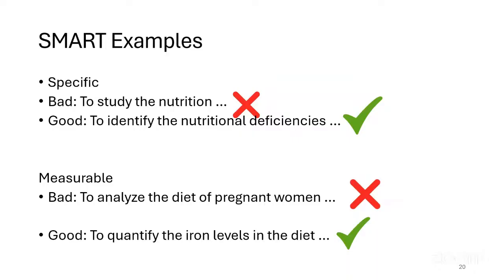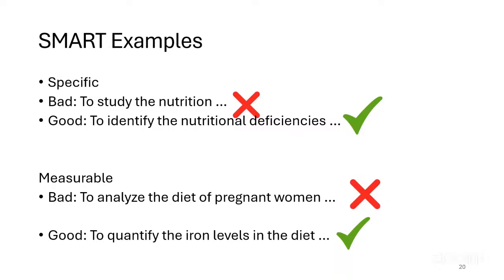Okay, so now for specificity, if you say to study the nutrition, blah, blah, blah, right? That's not specific because, I mean, what do you mean by to study the nutrition? It's vague. It's vague, okay? So don't make your wordings vague.